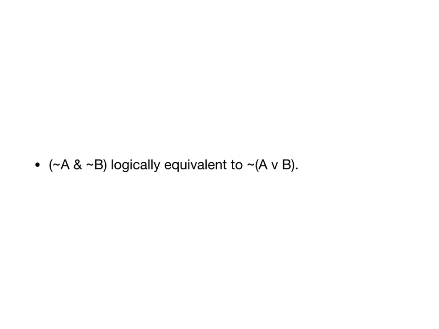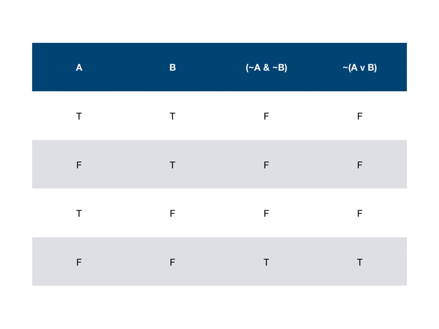Think about it. Each of these is only true when both A and B are false. Look at our truth table, right? On every single line except the bottom one, both of these statements have an F. They are false. On the bottom line, both have a true. In every possible case we can imagine, these statements have the same truth value. They mean the same thing. They are logically equivalent.